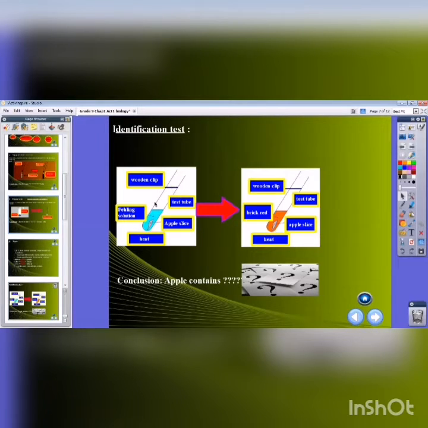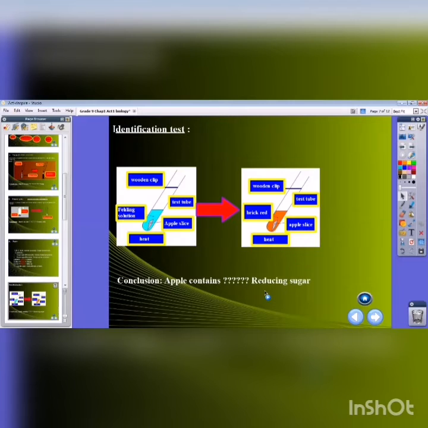Okay, we must heat it. The blue color turns into brick red. So the apple contains what? It contains reducing sugar.